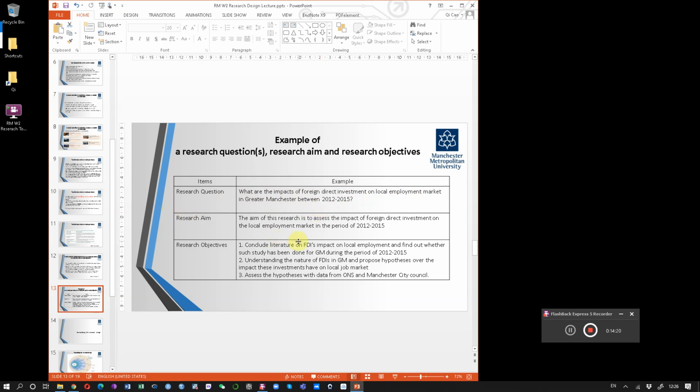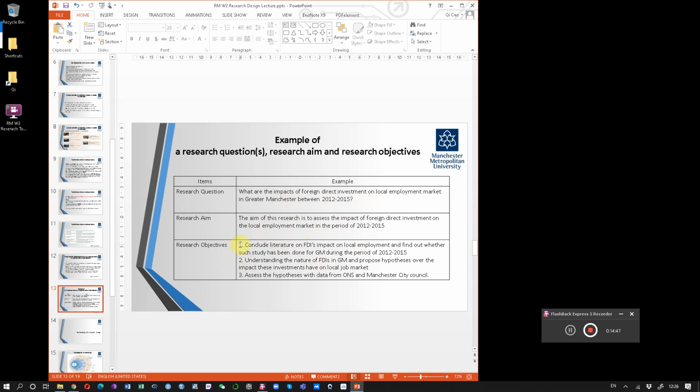The research aim, like I said, is an interpretation of the research question. So the aim of this research is to assess the impact of foreign direct investment on the local employment market in the period of 2012 to 2015. You can see that it interprets a question into a sentence.